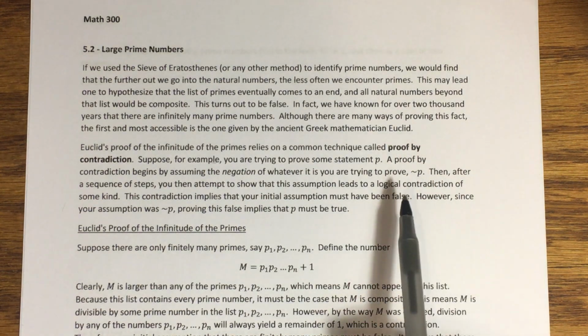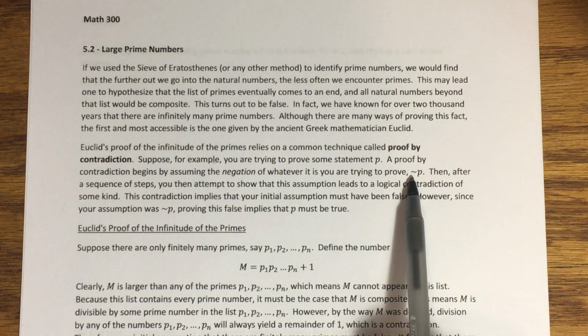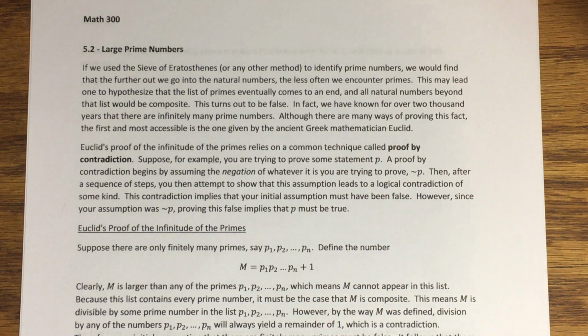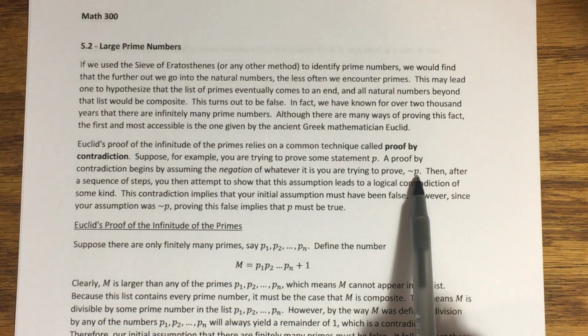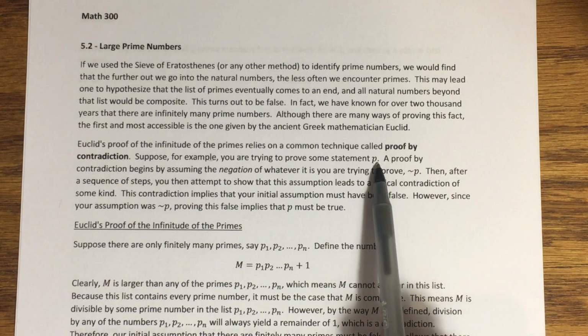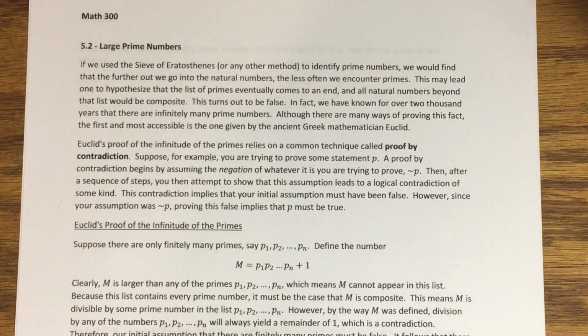The assumption of the negation of the statement you're trying to prove should lead to some kind of logical contradiction, which means that this could not have been true in the first place. But if the negation of a statement is false, then we know that implies the original statement must have been true, which is what you were getting at the whole time. So that's the idea behind Euclid's proof of the infinitude of the primes, and we're going to walk through that proof now.